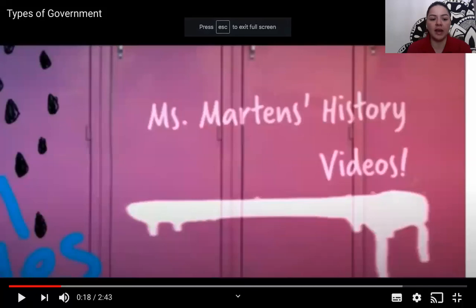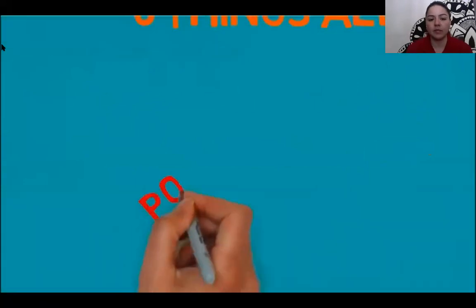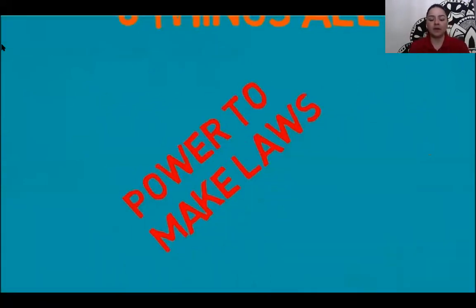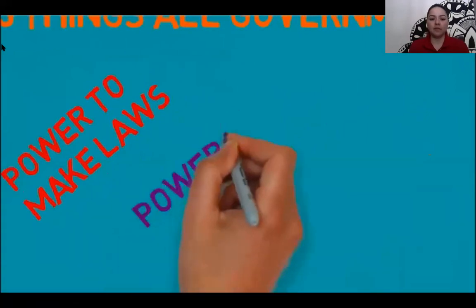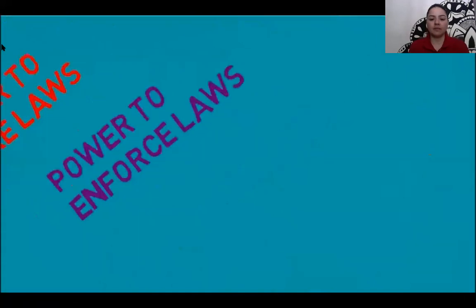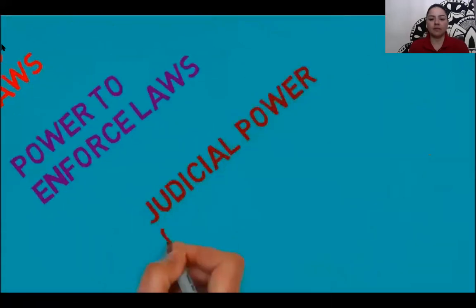Let's watch the video about the types of governments in our world. About governments today, there are three things that all governments have, and those three powers are the power to make laws, the power to enforce the laws that they make, and finally, judicial power, or power for the courts to decide issues.